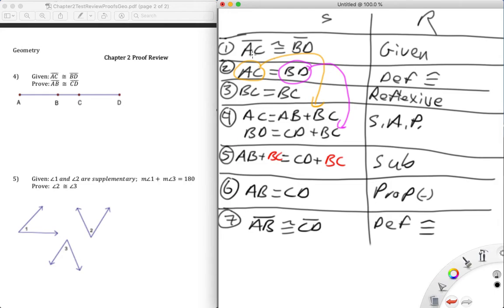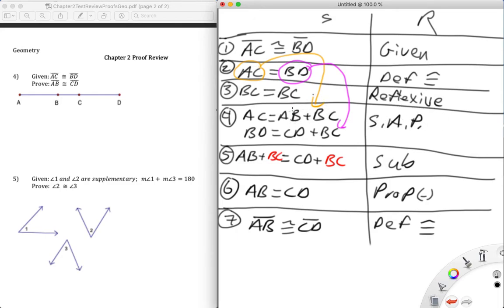So AC is congruent to BD because it's given to us. AC is equal to BD, definition of congruency. I have to define this BC because it hasn't been defined before. So I can say that BC is equal to BC due to the reflexive property. And I can say that AC is equal to AB plus BC and BD is equal to CD plus BC because of the segment addition postulate.